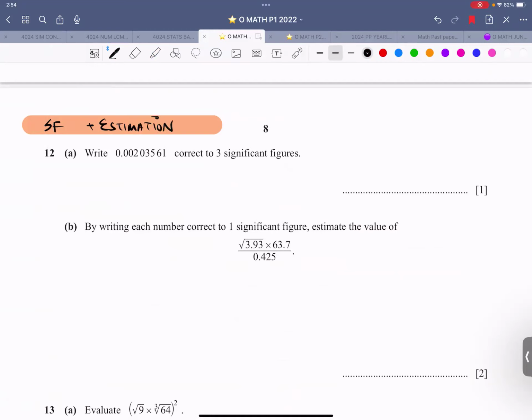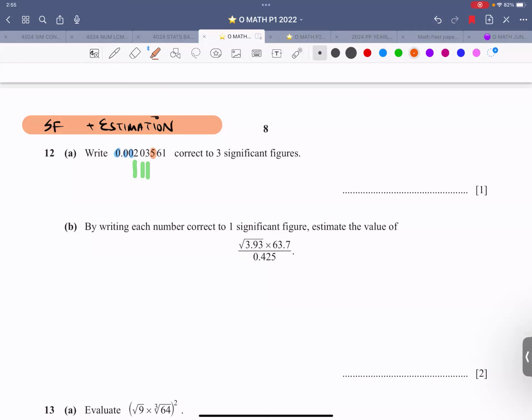First of all, write correct to three significant figures. So first of all, these zeros are insignificant. So this zero, this zero, this zero, that's insignificant. We start with 2, 0, 3, and the first digit after is 5.